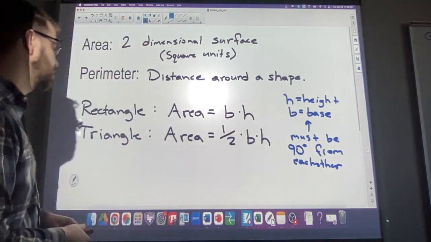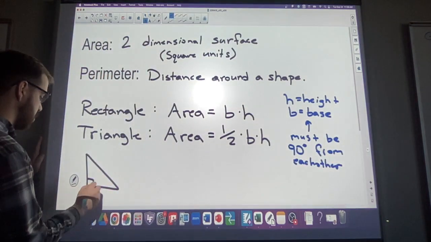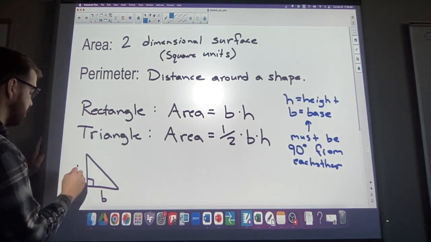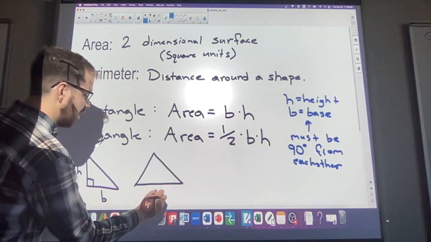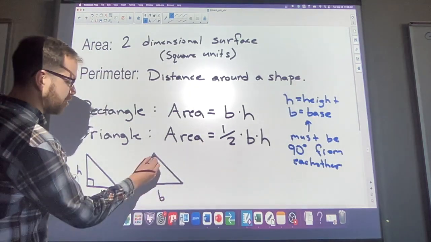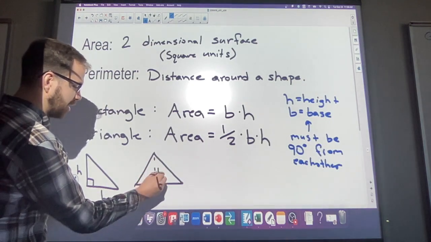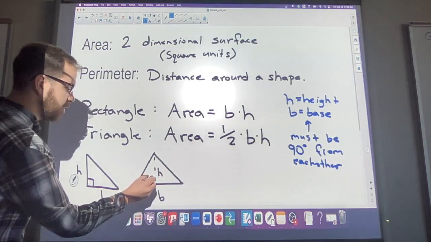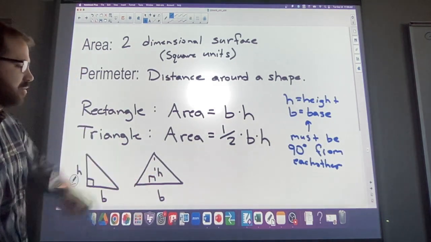Oftentimes you'll see triangles like this. If this is my base, then this is my height. But it won't always be like that. Sometimes you'll have this as your base, and the height has to be perpendicular, going from the top of the triangle down through the middle, because we need a 90 degree, perpendicular height from the base.